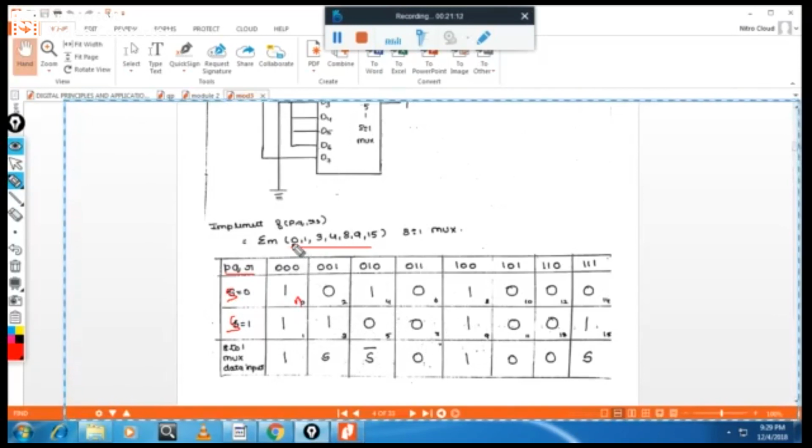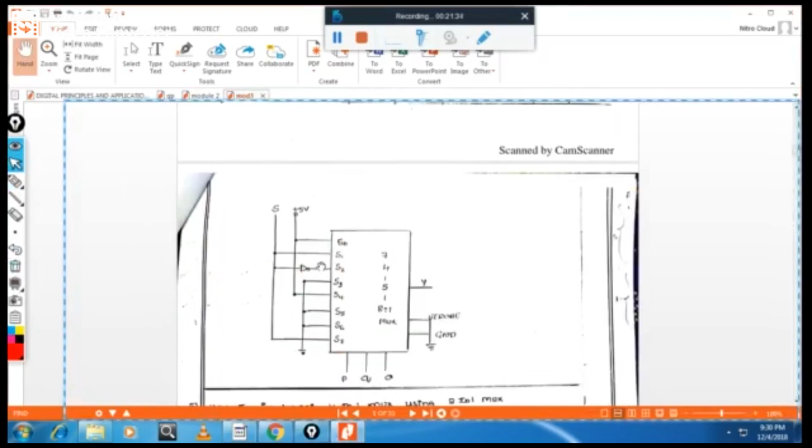Represent wherever these terms are there 1, rest of the terms are 0. Then you will get here. In the last case we got D bar. Here it is not D bar. Here it is S bar because we are using the variable S. Then after this, implementation by using 8:1, control lines are PQR and S is here.